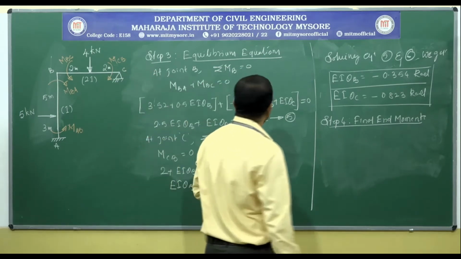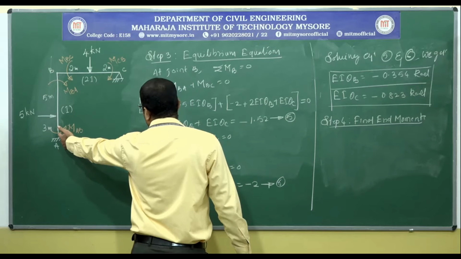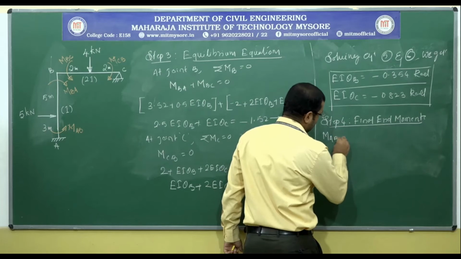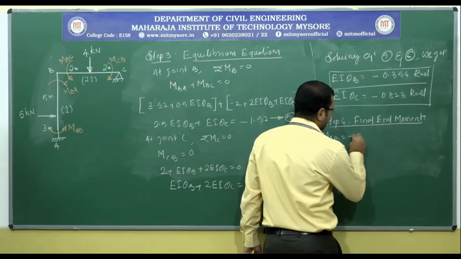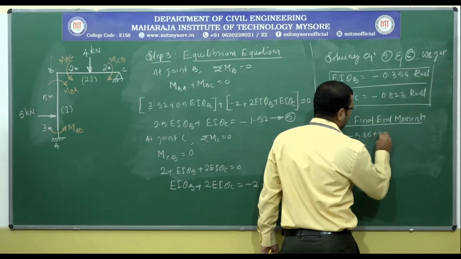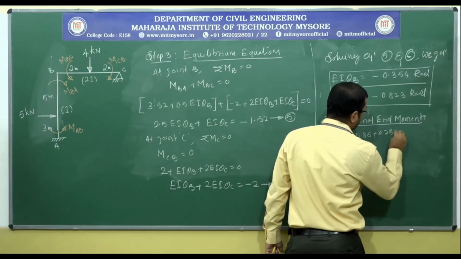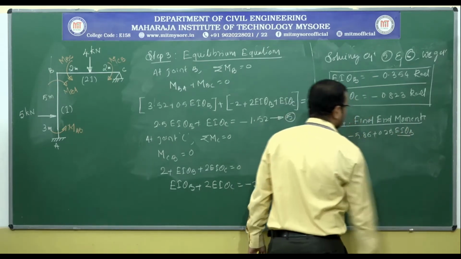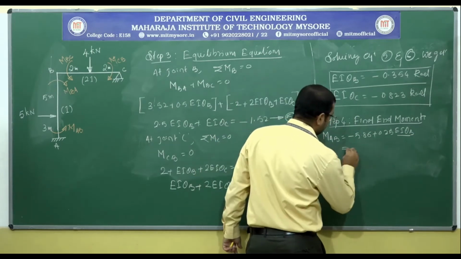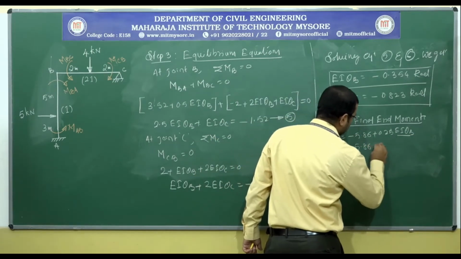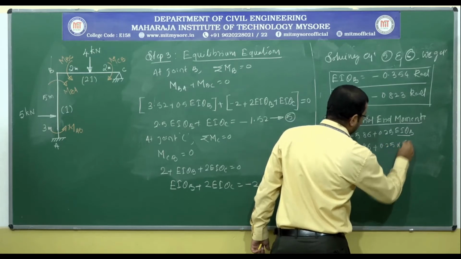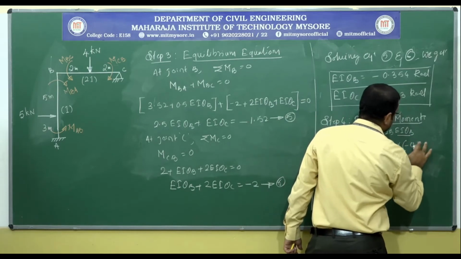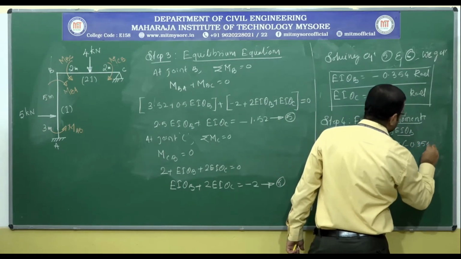See, for example, if I want to calculate how much is the moment at A, that is MAB, then I will use equation number 1, that is MAB is equal to minus 5.86 plus 0.25 EI theta B. Here I will substitute the value of EI theta B. So it is minus 5.86 plus 0.25 into the value of EI theta B, which is minus 0.354.